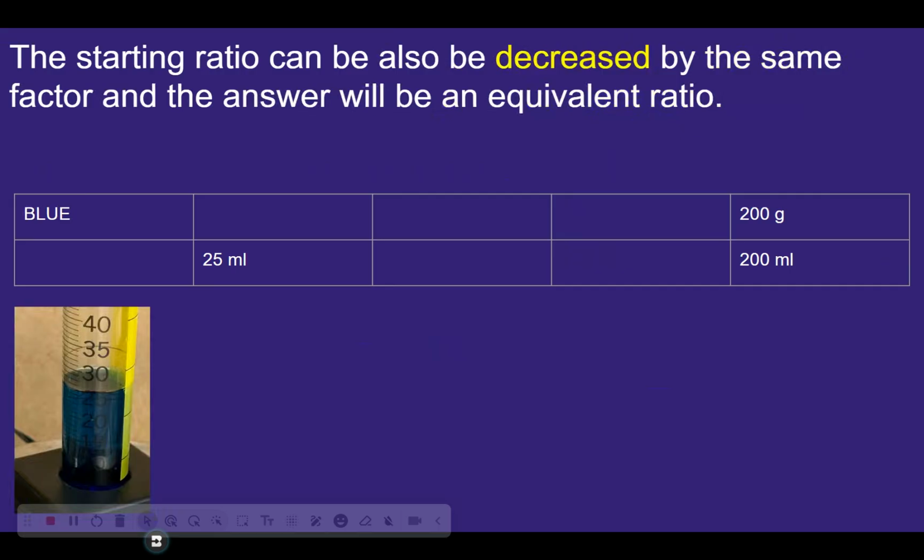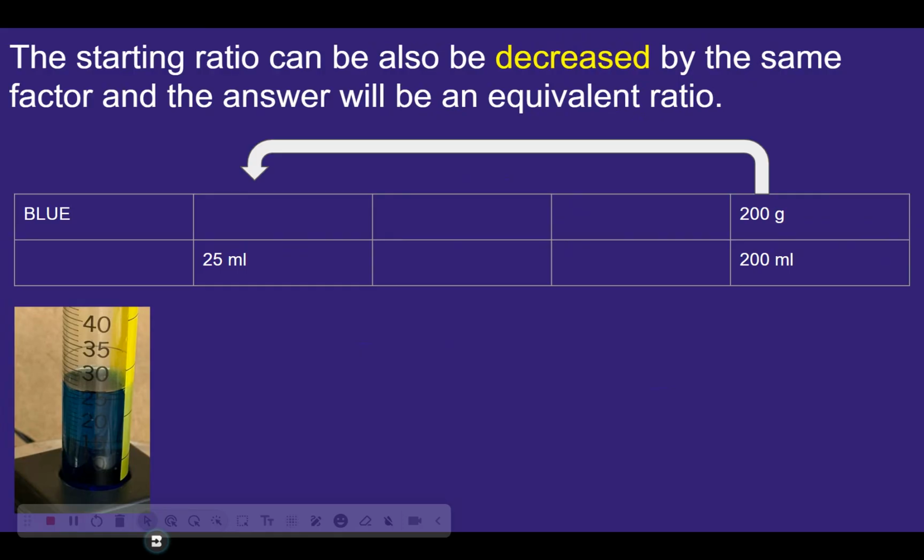Okay, the starting ratio can also be decreased by the same factor, and the answer will be an equivalent ratio. I can go the other way. If I know that the blue has 200 grams at 200 milliliters, I can find out how much it weighs at 25 milliliters. Yes, we already had it in the data chart, but bear with me, right? 200 divided by 8 is 25.